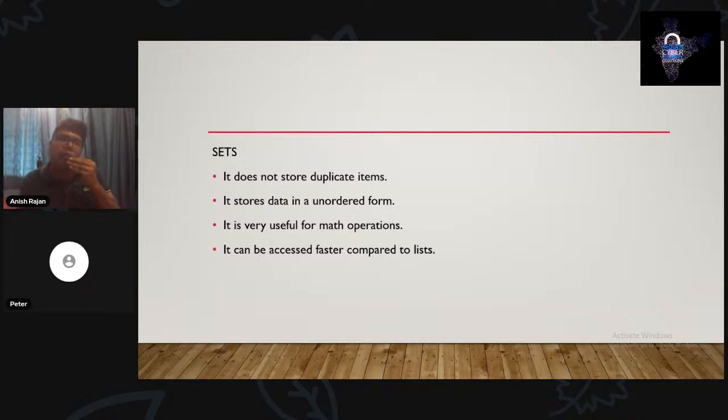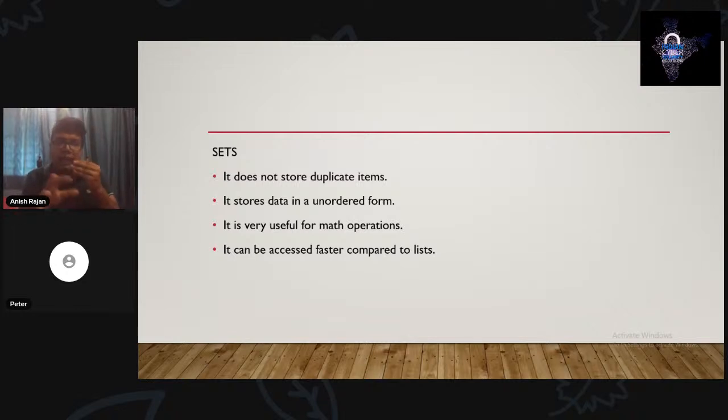That is the reason why some are mutable, some are immutable, some you can access data fast. So everybody has some kind of advantage over the other. So in a set, these kinds of data structures are basically used for mathematical operations. These set data structures are very useful for mathematical operations. That is one of the primary advantages of sets.